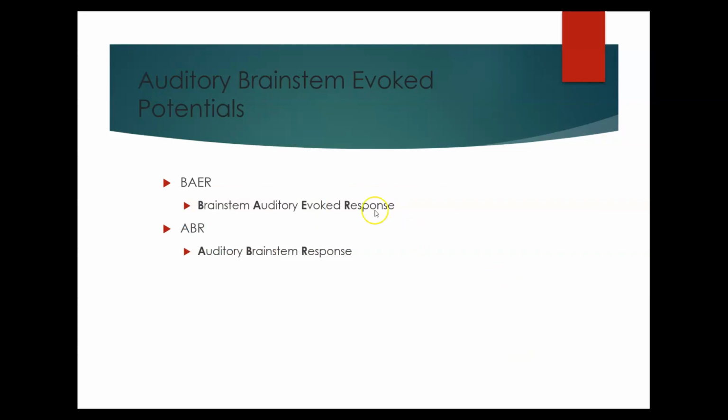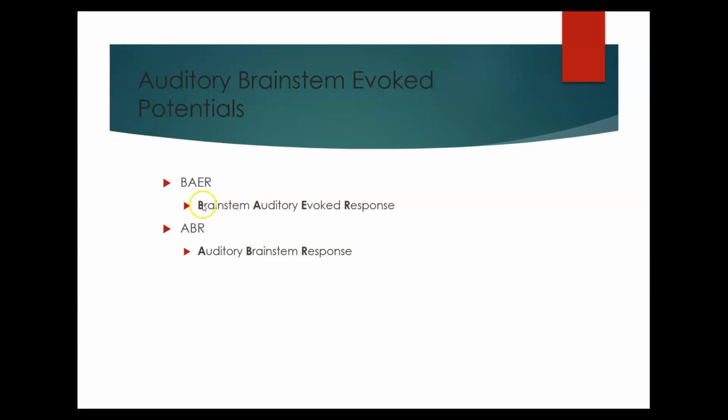Okay. Next up is the evoked potentials, specifically auditory evoked potentials. The ABR is also an early response. There are multiple names for these auditory brainstem evoked potentials.